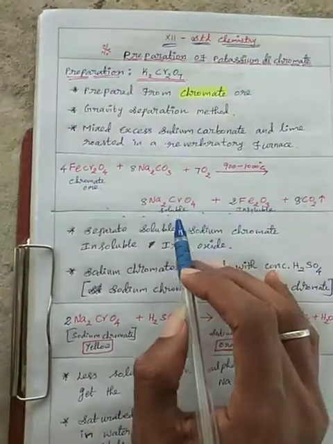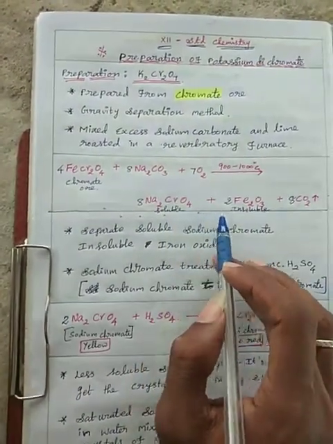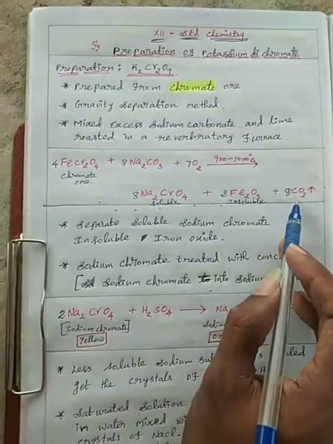This gives the products soluble sodium chromate and insoluble iron oxide, and carbon dioxide gas evolves.